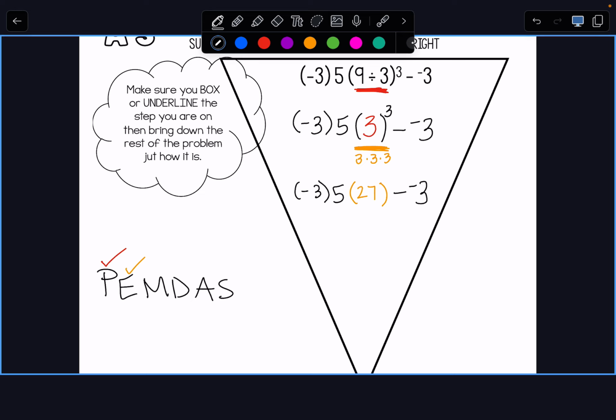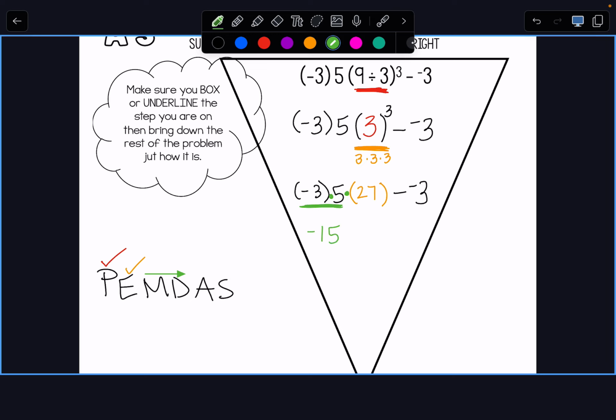Now, multiplication and division are tied from left to right, but really it appears that we only have multiplication. Do you agree? We have multiplication here and we have multiplication here. So here's a time where we need to make sure we're going from left to right. So from left to right, we got to do this one first. What is negative 3 times 5?